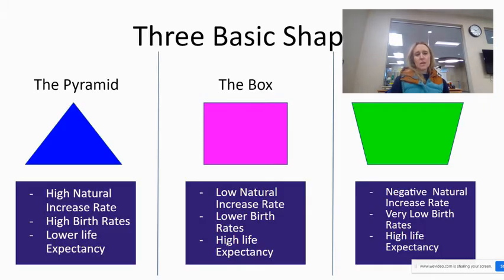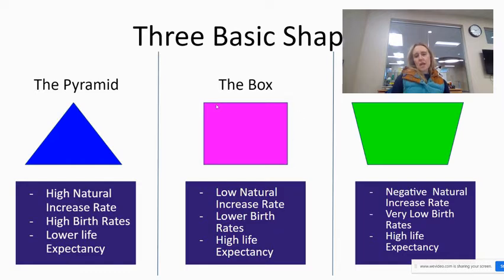But as we take a look at some population pyramids that do have very wide bases, this is telling us that these countries are growing really fast because there are a lot of children compared to the rest of the population. They have high birth rates, and in general, they have a lower life expectancy. So they're not living as long.